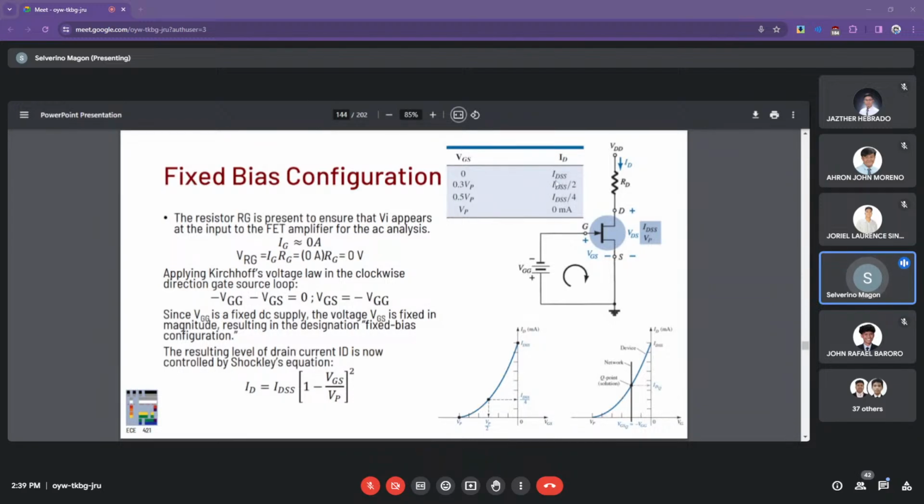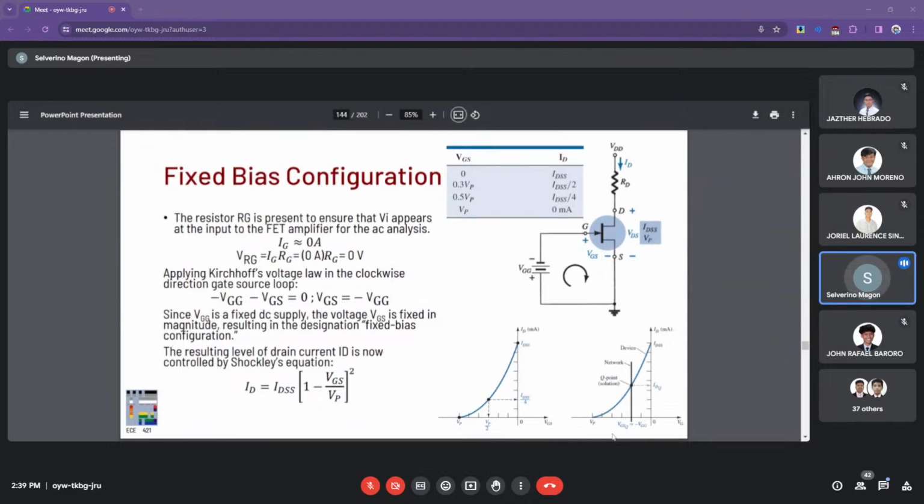A voltage of around 0.3 of the pinch-off voltage translates to half of the drain to source saturation current. Half of the pinch-off voltage translates to a quarter of the saturation current, again on the drain to source. And in the case of pinch-off voltage, you have essentially zero drain current.